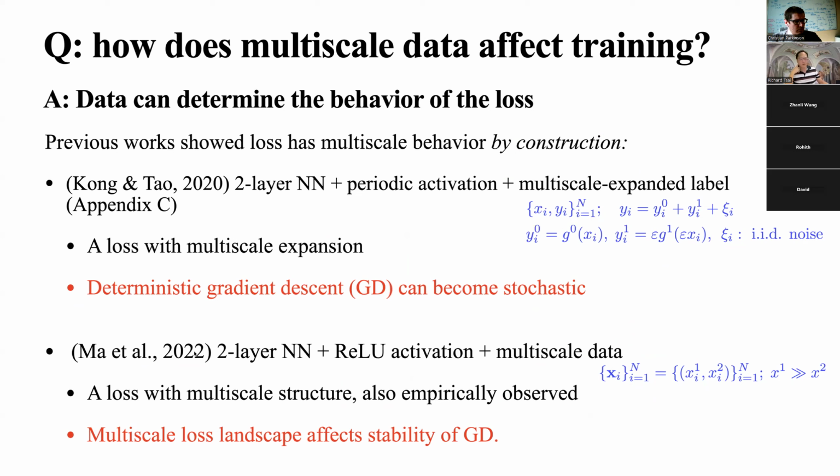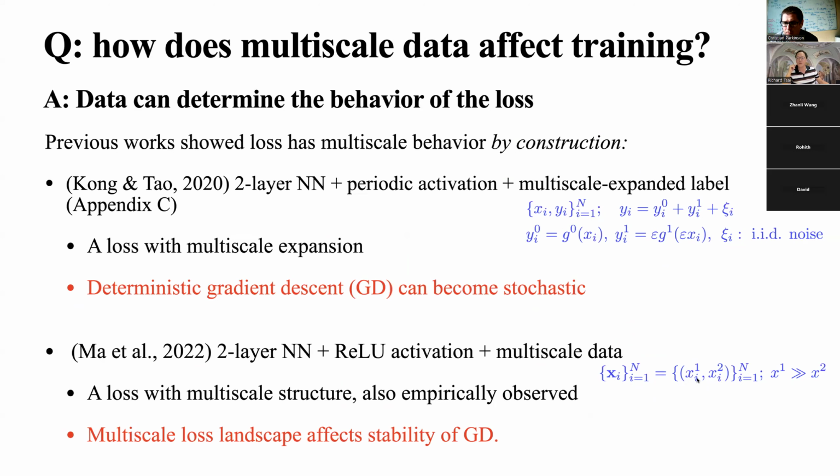The second paper is by Ma and collaborators, and they studied a shallow network activated by ReLU. This is closer to what we analyzed: multiscale data where the coordinates of the data points xi, after a suitable unitary transformation, can be arranged into coordinates of different magnitudes.